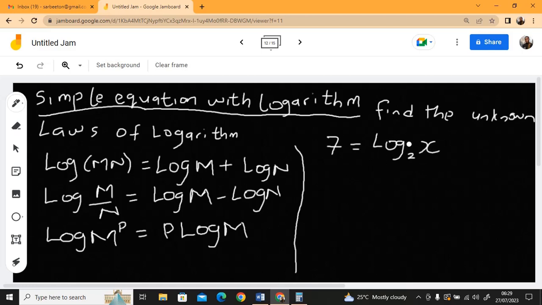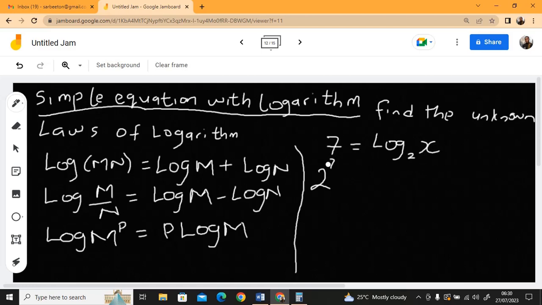Now this is what I always tell my students: you change this thing to index form to make it easier. When I change it to index form, anything that is at the base of this log is going to move here. It's going to become the base, while the number that is here will become the power, and this x is going to stand alone. So this 2 will move here, and the 7 will now become the power.